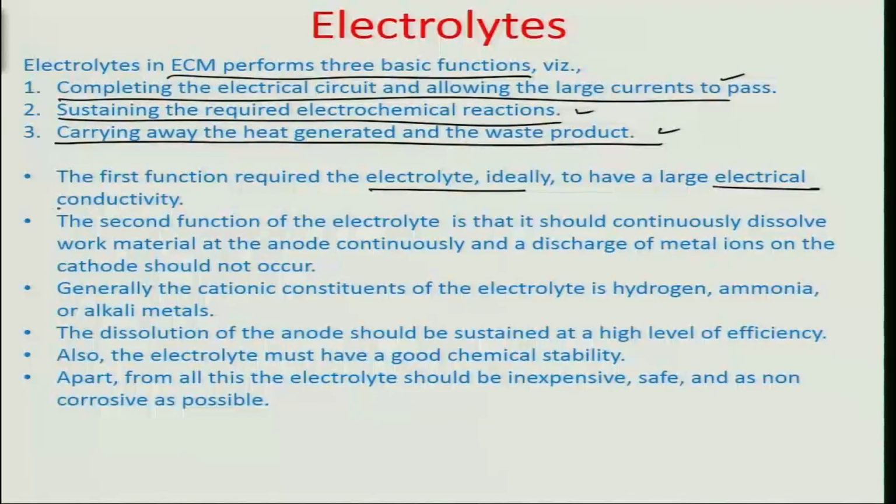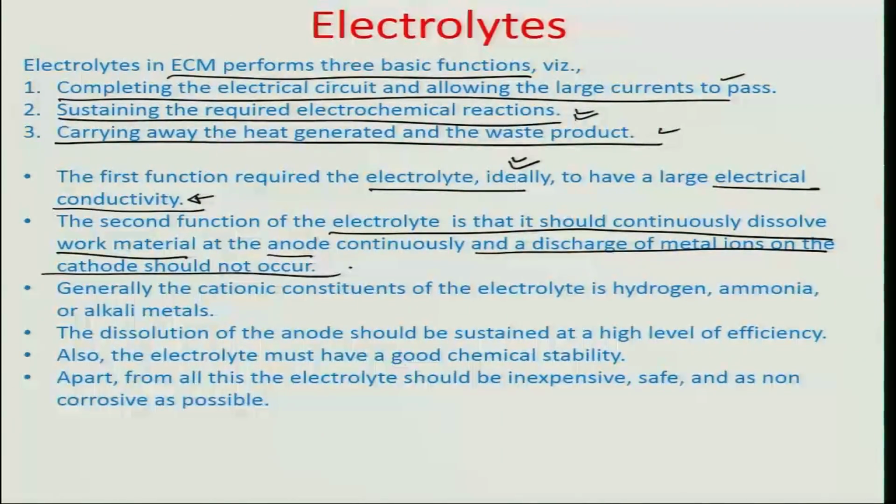Obviously the conductivity of electrolyte are nowhere near the metallic conductivities, probably orders of magnitude lower in comparison to the metal conductivities, but still they are highly conducting, and if the conductivity is more, ideally the material removal rate is more, as we have seen earlier in all our derivations. The second function of sustainability of the reactions basically depends on the fact that the electrolyte should continuously dissolve the work material at the anode, and a discharge of metal ions on the cathode should not occur.